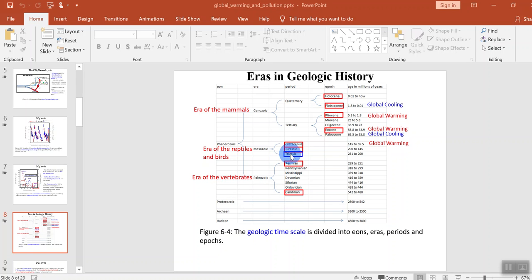From 250 to 65 million years ago, era of the reptiles and birds, including the dinosaurs. If you remember, dinosaurs got extinct 65 million years ago due to the impact of a huge meteorite. They died out. And then from 65 million years ago to now, era of the mammals. Okay? And humans have been around for the past million years.